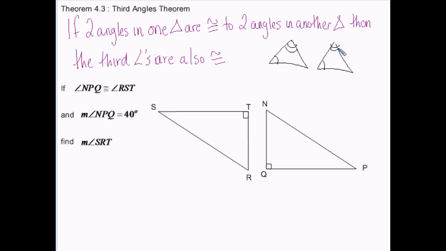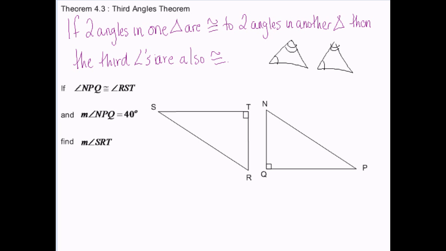Does that make sense? Now, this is true with angles, but not true with sides. If 2 sides of one triangle are congruent to 2 sides of another triangle, the third side is not necessarily congruent. It depends, because the side length would depend on angles. So the theorem is only good for angles.